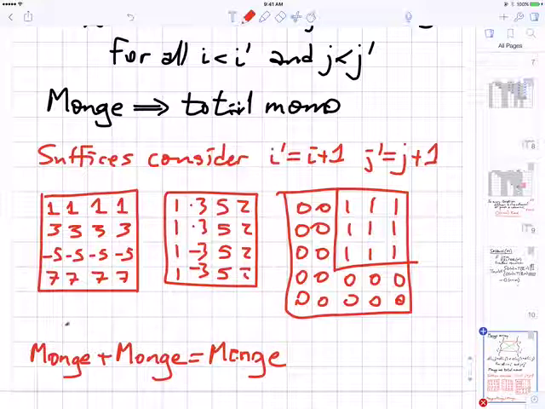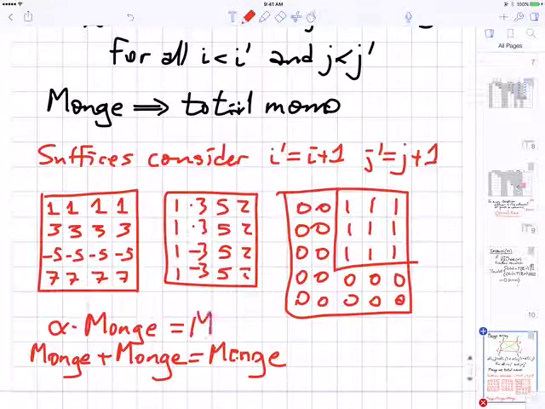And if I take alpha times Monge, where alpha is any positive real number, I get something that's Monge. So if I double everything in the matrix, it's still Monge. And this turns out to be an exact characterization of the Monge arrays. Every Monge array is a sum of multiples of matrices that have constant rows, matrices that have constant columns, and these upper right flag matrices.